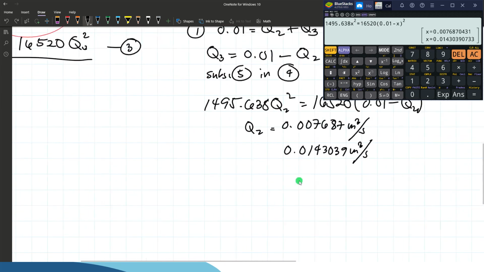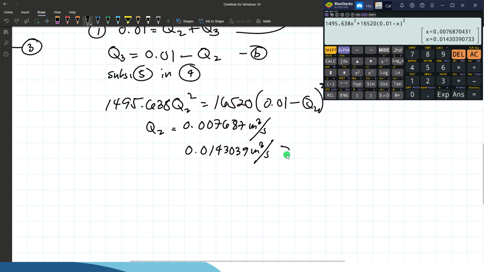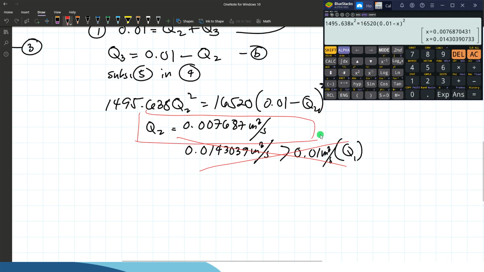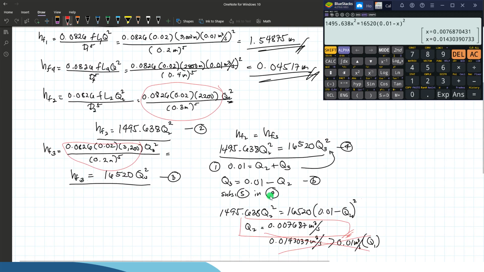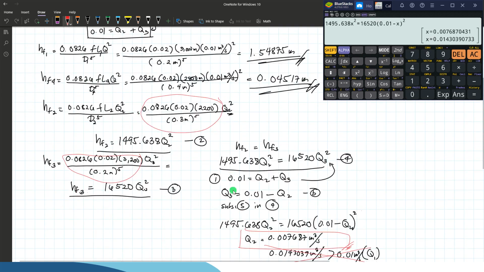Based on the two answers, 0.014 is greater than 0.01 cubic meters per second, the discharge for pipe number 1. So this is incorrect. The correct answer is 0.007687 cubic meters per second. That's the discharge for pipe number 2.